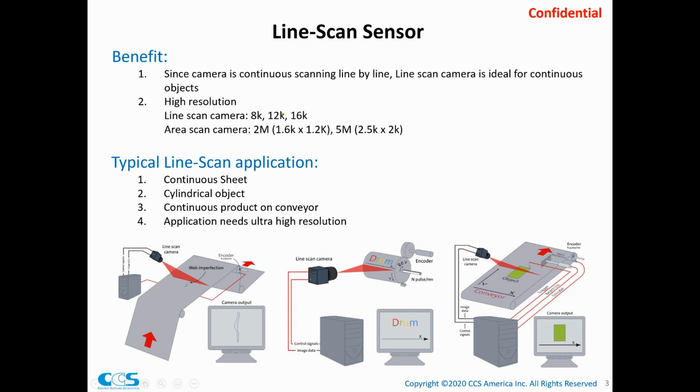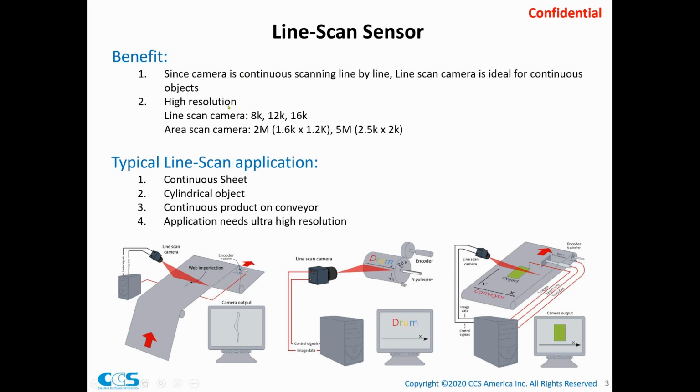So compared to 8K, 12K, 16K, it is much lower resolution. It does have some 12 mega or 25 mega area scan cameras coming out recently. But even if we go to 12 mega area scan camera, the horizontal pixel is still only 4K. So compared to 16K, that's still considerably low resolution.